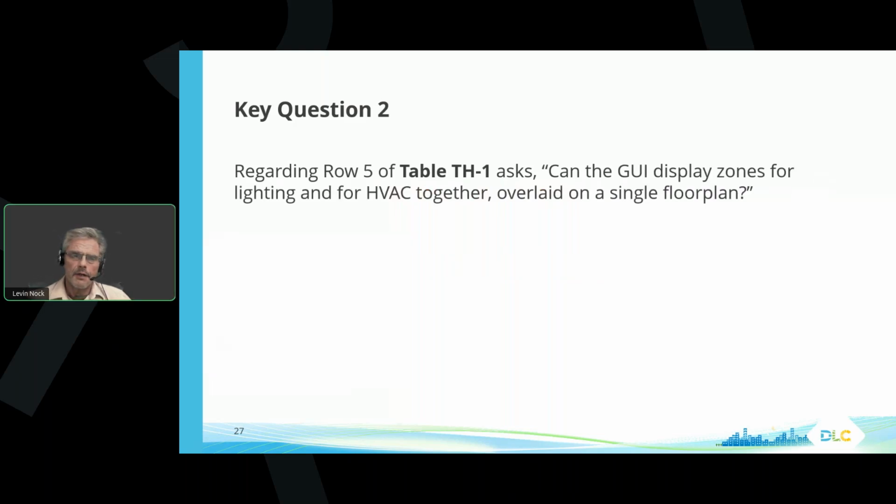The next question regarding row 5 of table TH1 asks, can the graphical user interface display zones for lighting and for HVAC together overlaid on a single floor plan? The intent of the question is to speak to the ease of use of the GUI and whether a user can interact with the GUI in an intuitive manner without receiving technical training.